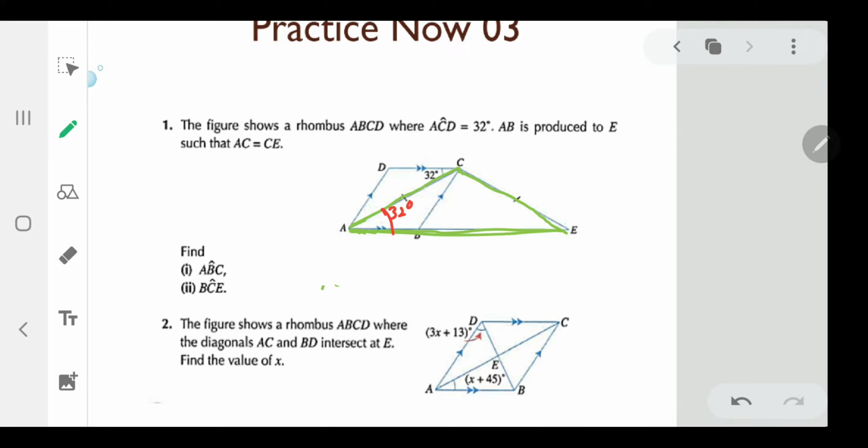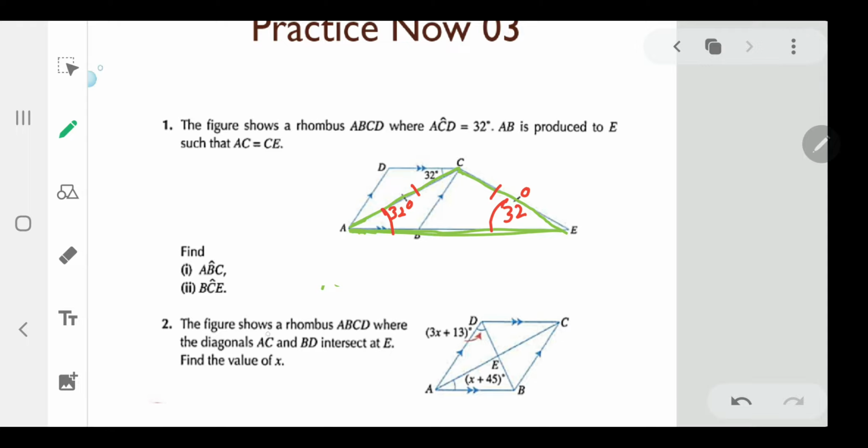So we know that this side and this side, both sides are equal. So this becomes an isosceles triangle, which means that this angle will be 32 degrees, right?